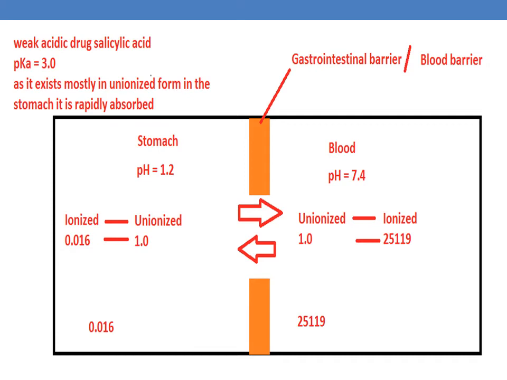In the stomach it is mostly present in unionized form, hence it is rapidly absorbed, but in the blood it is mostly present in ionized form, hence it is not absorbed back into the stomach.